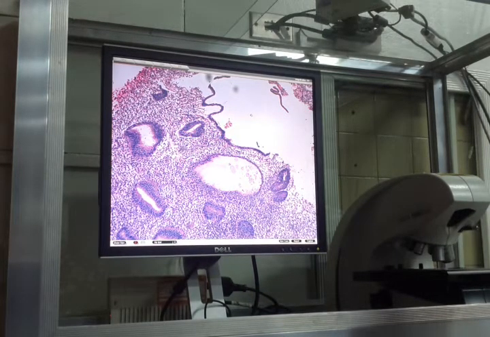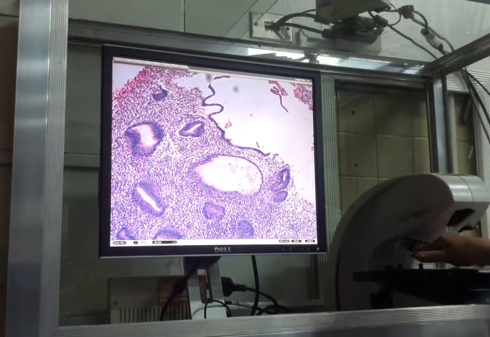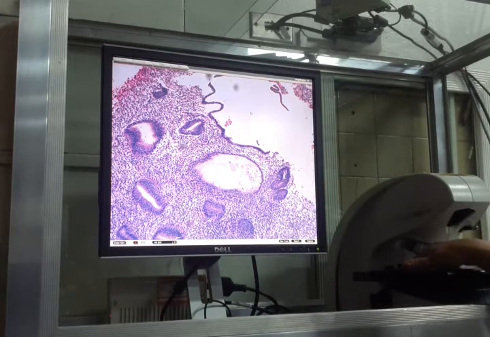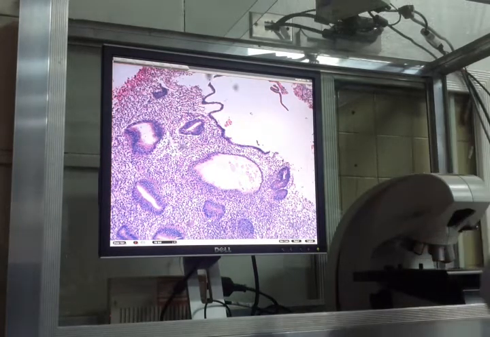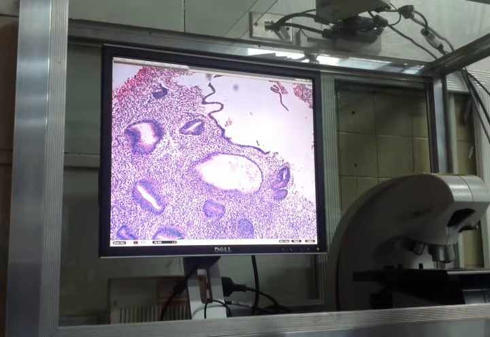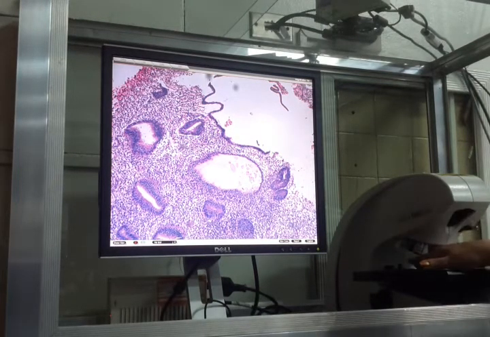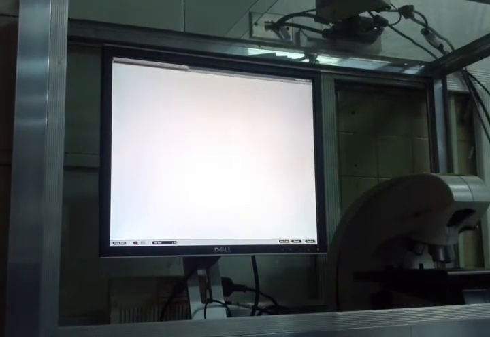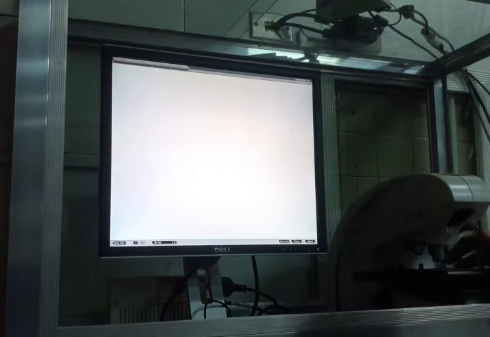Okay? If they're going to show you a hyperplastic endometrium, they will show you the Swiss cheese appearance. Remember. Pathologic stimulus, hormonal or estrogen.